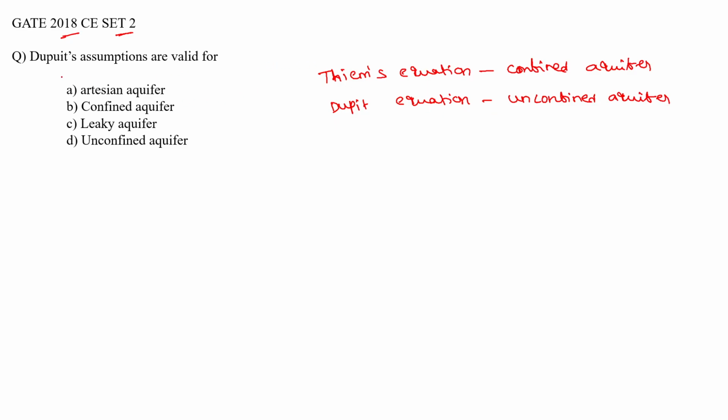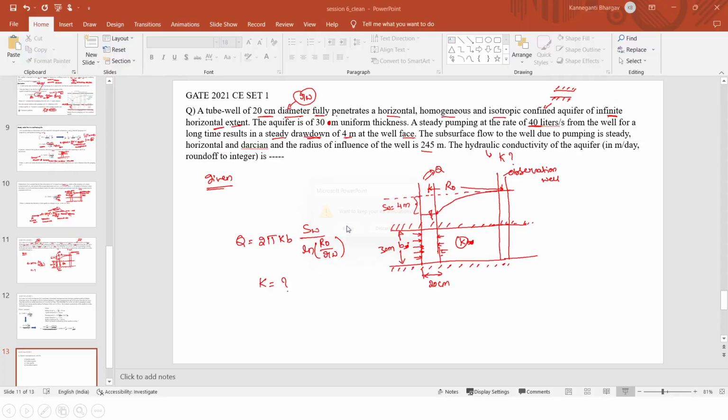Here the Dupuit assumptions are valid for an unconfined aquifer. This is one more question, from GATE 2018. Just remember, the Dupuit equation is for unconfined aquifer, and the Thiem equation is for confined aquifer.